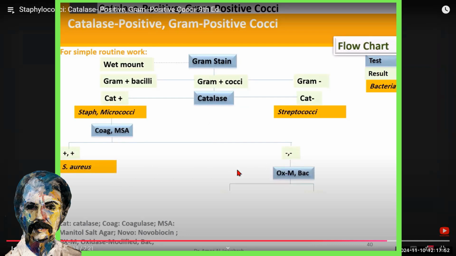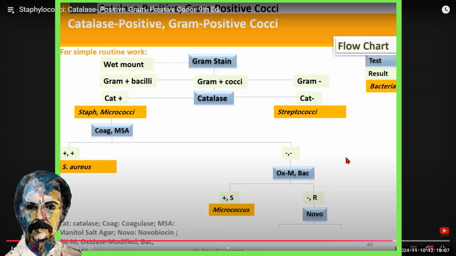Usually people use this. So if modified oxidase is positive, or bacitracin sensitive because it's a disc, like novobiocin, then it's micrococcus. Modified oxidase is enough. Then if modified oxidase is negative or bacitracin resistant, then you have to do the novobiocin.